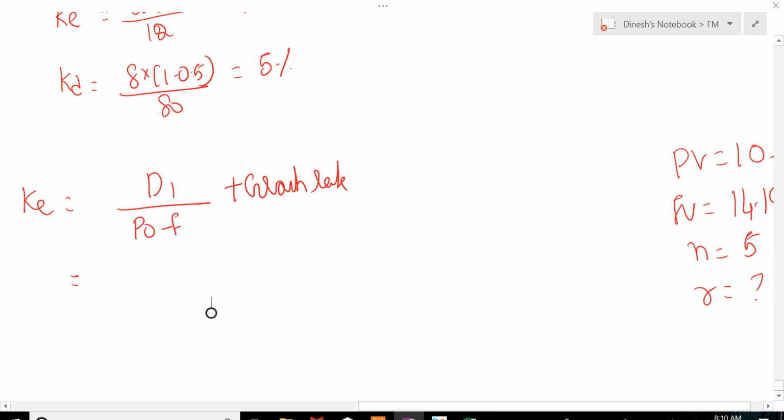You will get 0.0571, which is nothing but 5.71%, approximated to 6%.